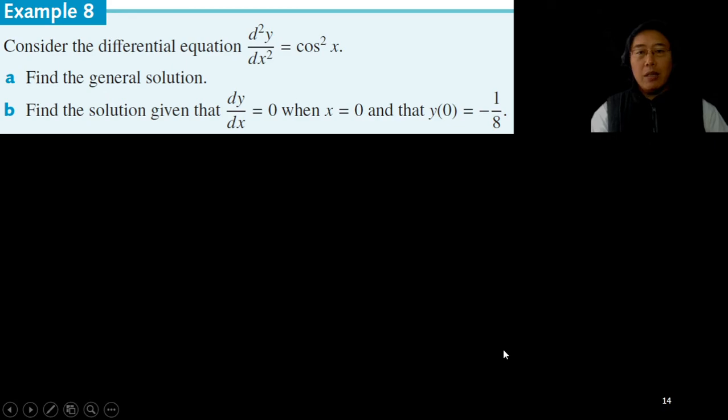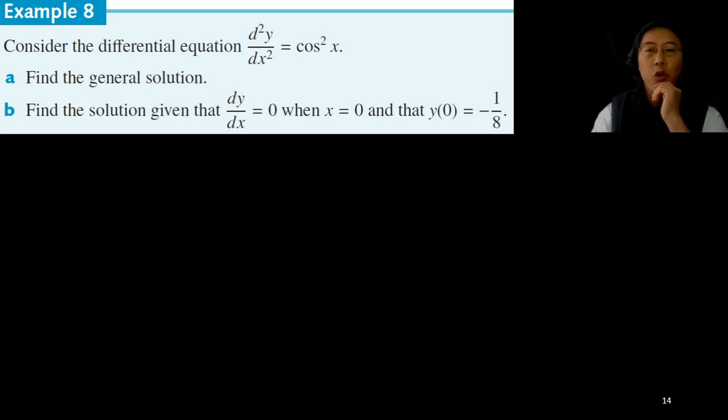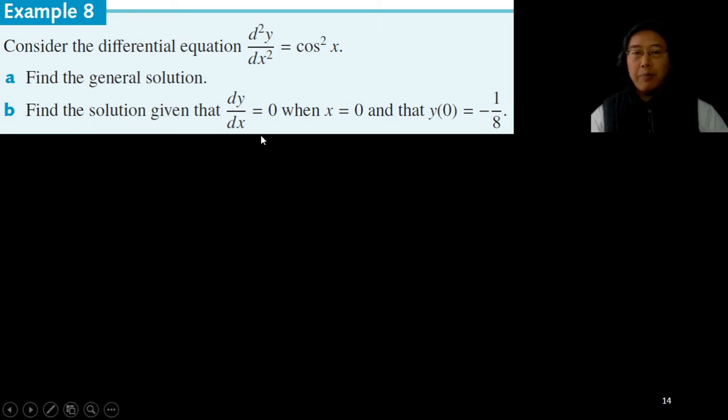Alright, with the last example, part A is the straight steps that you have done before. You find a general solution, you will have two unknowns, so your c and your d, and to find their values, part B will give you two conditions, so you will have a value for the first derivative and then the value of the y function.